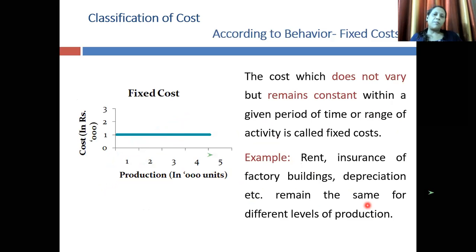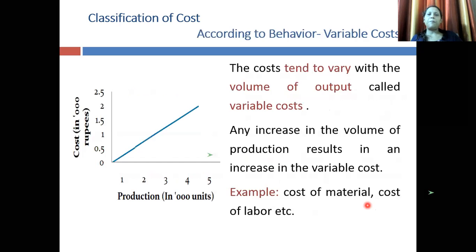Now, this is the example of fixed cost, the cost which does not vary but remains constant within a given period of time and range of activity. Examples are rent, insurance of factory buildings, depreciation, etc. It remains the same for different levels of production.